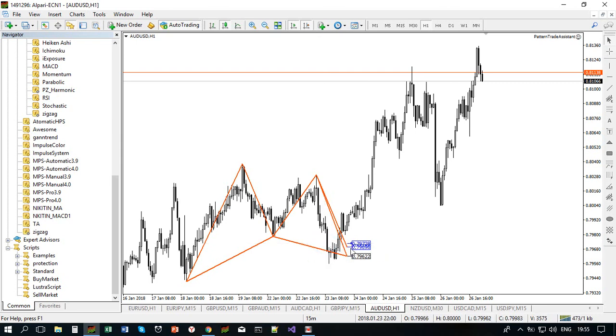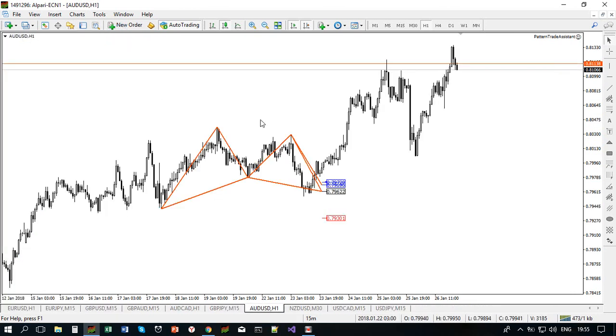But the fact is, no matter the difference, what are the differences that cause those slight differences? First of all, we may start calculating the pattern from here, or we may start calculating it from here. You see that? If we calculate from here, we will have slightly different reversal zones because this is slightly further.